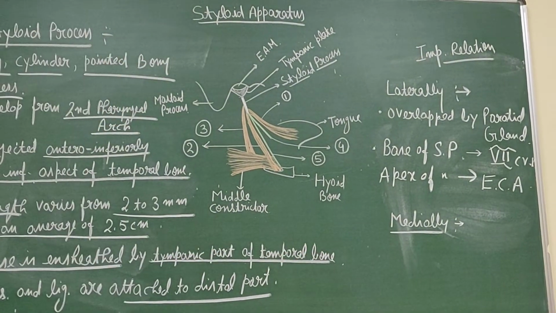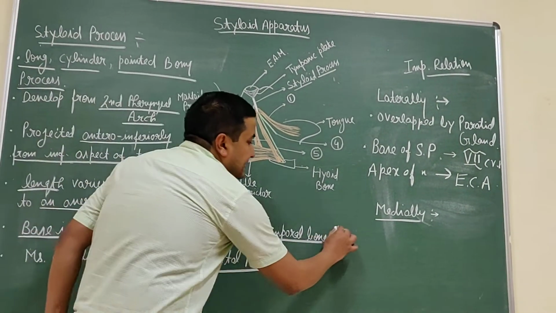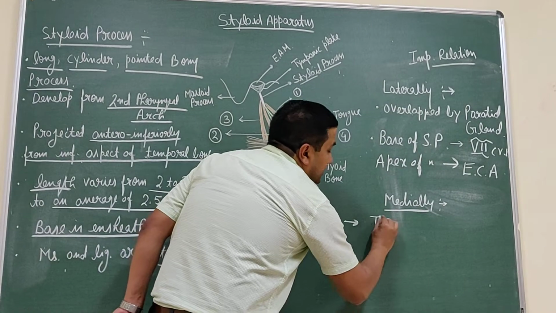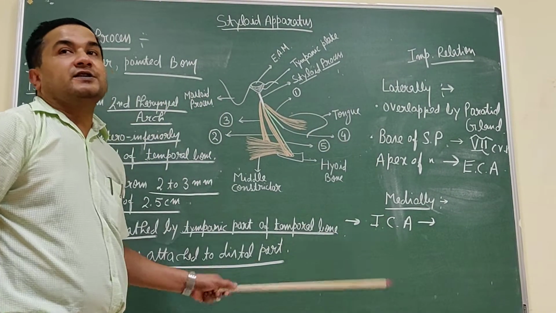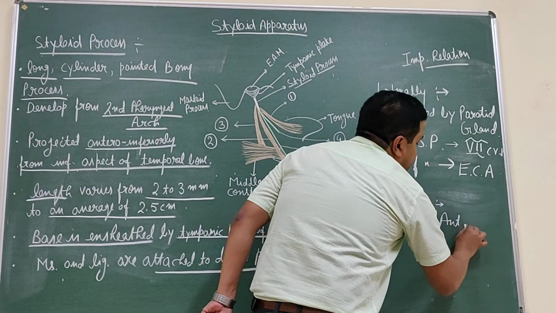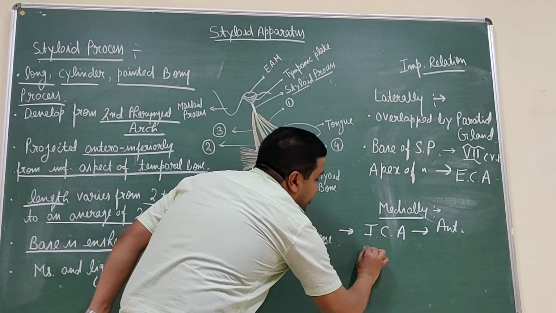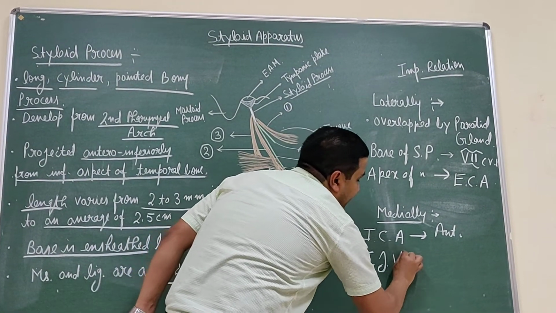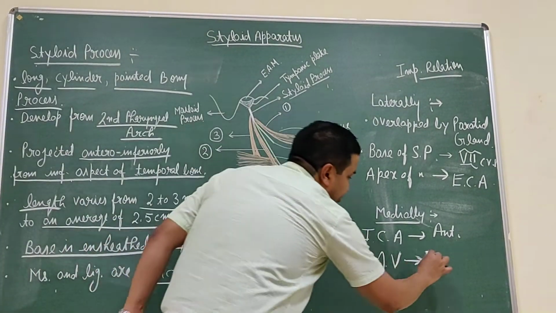Now medially, this styloid process is related to the internal carotid artery. This internal carotid artery is present anteriorly. Medially, it is also related to the internal jugular vein. This internal jugular vein is posterior.